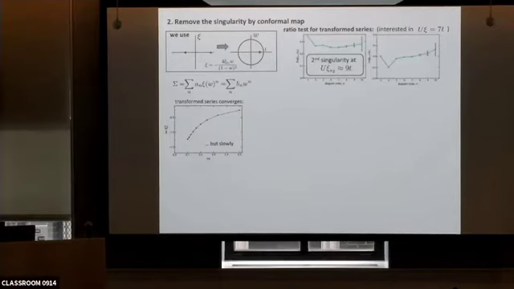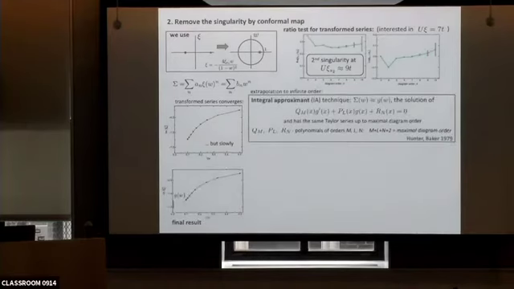So we still need to extrapolate the series, and the way we do it is using this so-called integral approximant technique, which is, the idea is essentially to approximate the self-energy as a function of the expansion parameter by a function that has the same Taylor series up to the maximum order that we have, and solves this ordinary differential equation.